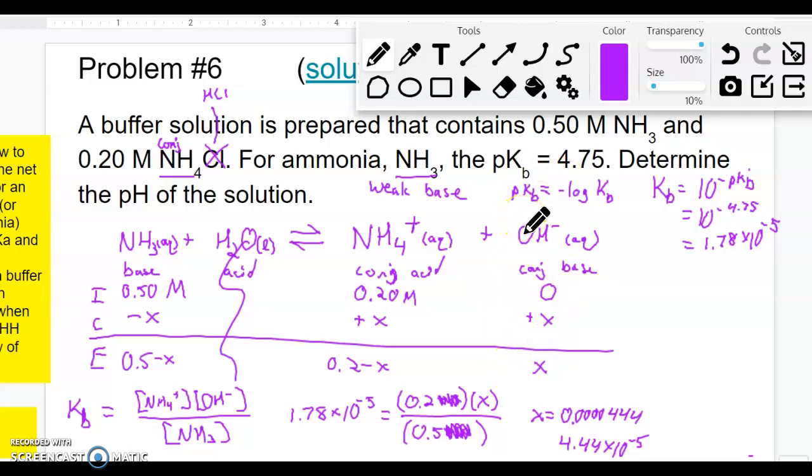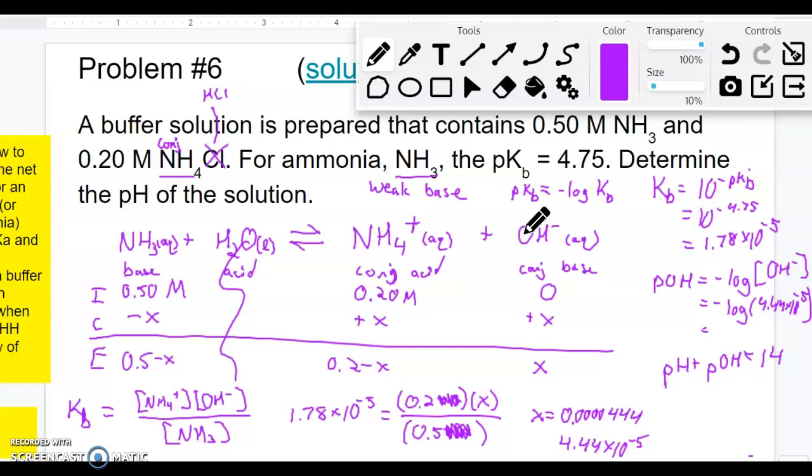If I can figure out pOH, the pH and the pOH have to add up to 14. So pOH is equal to the negative log of the concentration of OH minus. So I have negative log of 4.44 times 10 to the negative fifth.